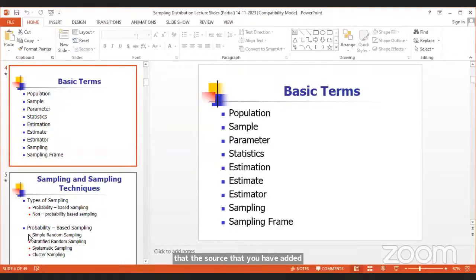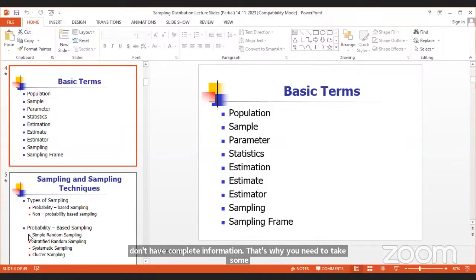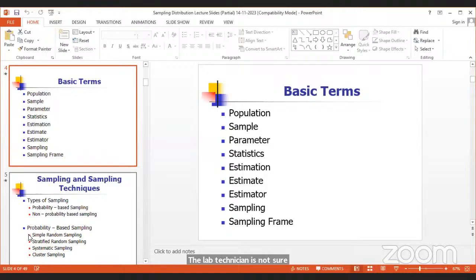So because you are not sure, you don't have complete information. That's why you need to take a sample. The lab technician is not sure. Merely looking at you wouldn't be able to determine whether you have malaria parasite or not. So there's need for them to take 1 or 2 drops of blood from you, and then they observe.